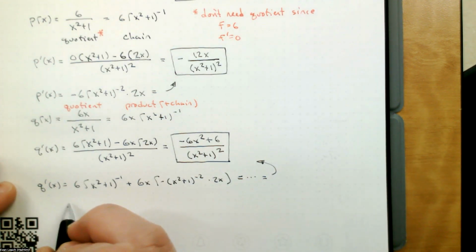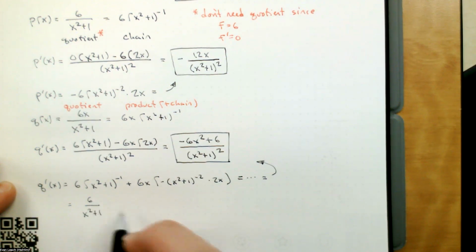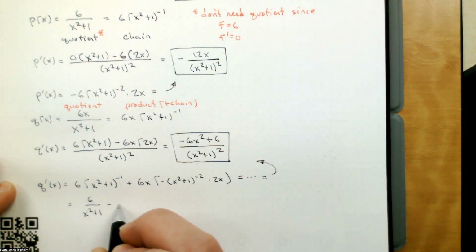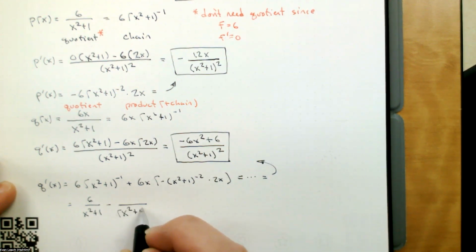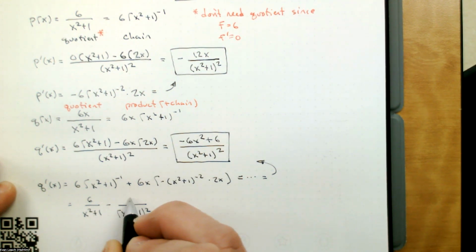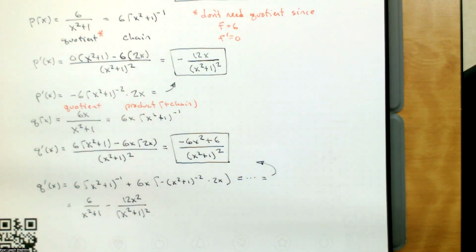So this we could write as 6 over x squared plus 1. And then all this together, we have a minus. The denominator is x squared plus 1 squared, and the numerator is 6x and 2x, or 12x squared. So to get a common denominator, we would just need to multiply by an x squared plus 1.